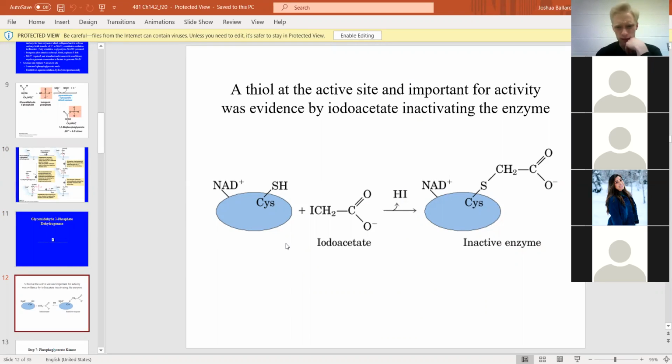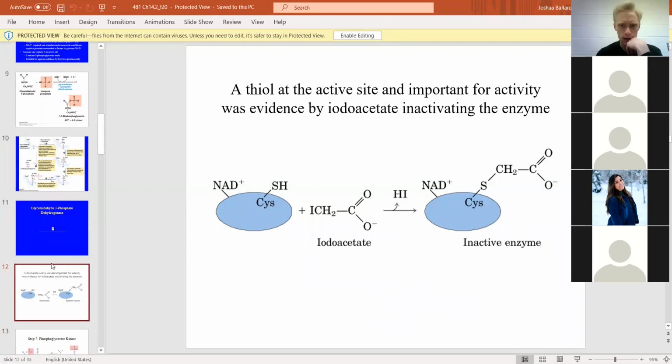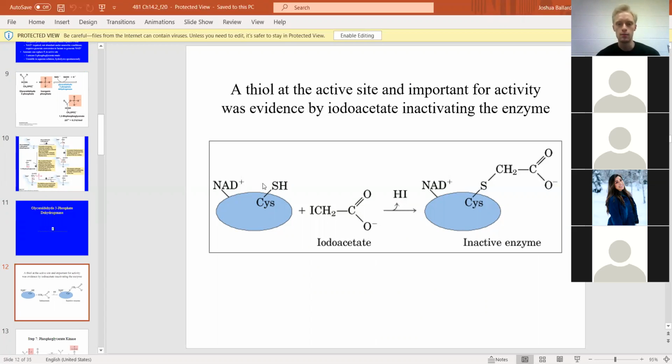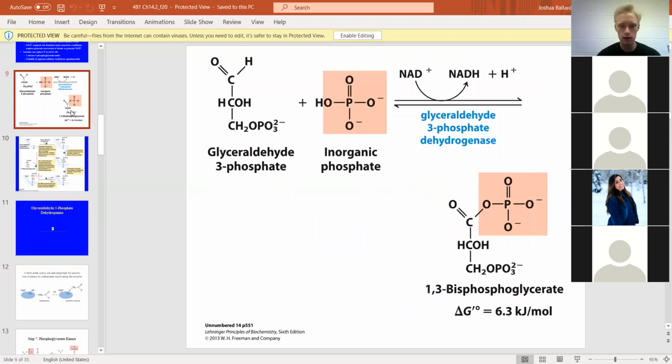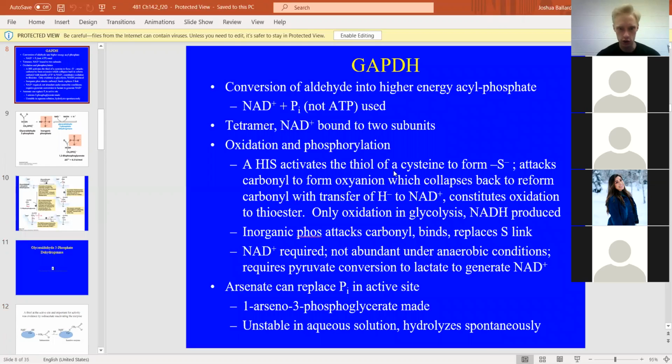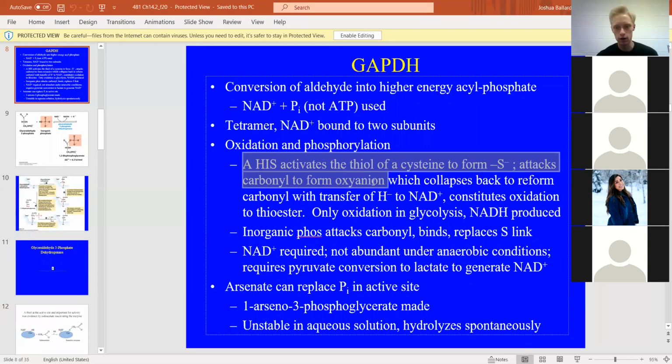So slide 12: thiols at the active site are important for activity, as evidenced by iodoacetate inactivating the enzyme. I believe this was a study to determine the role of the cysteine, which usually creates the thiol. In this reaction, a histidine activates the thiol of cysteine.